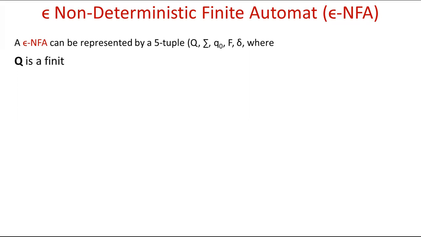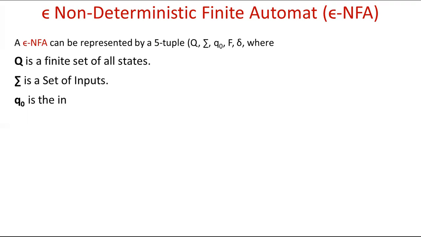So let us see how it is different from the regular NFA. Here delta was defined like Q cross sigma to 2 power Q. So here in this case Q is nothing but the set of all states. Sigma is the set of inputs. q naught is the initial state or the start state.